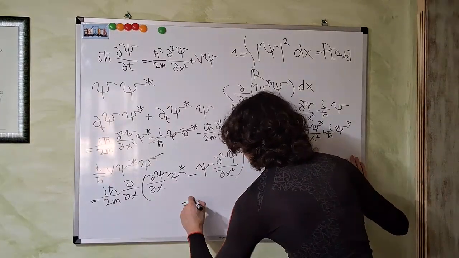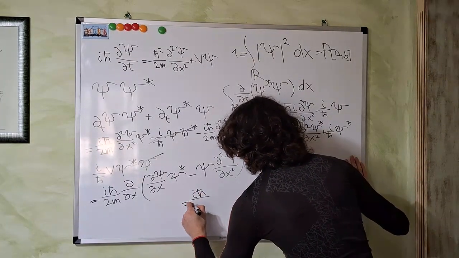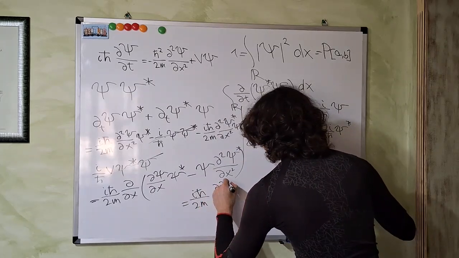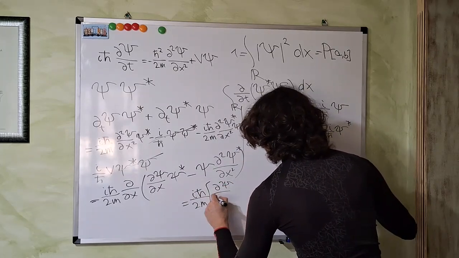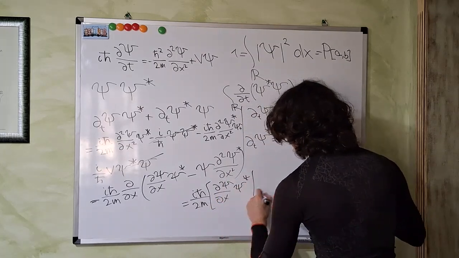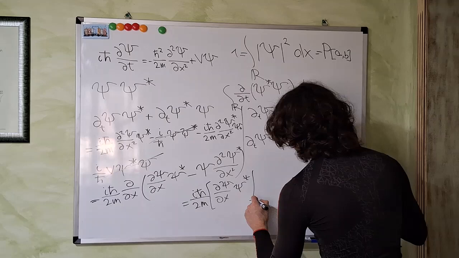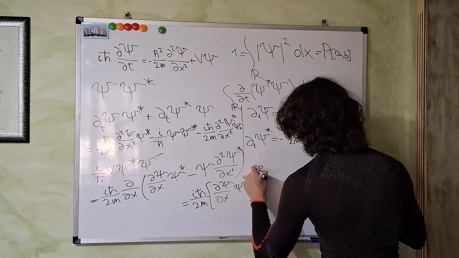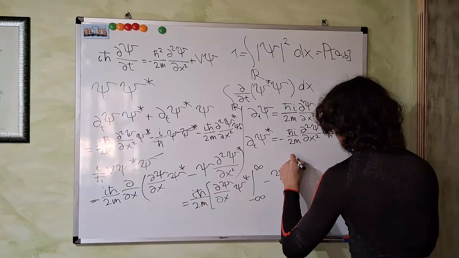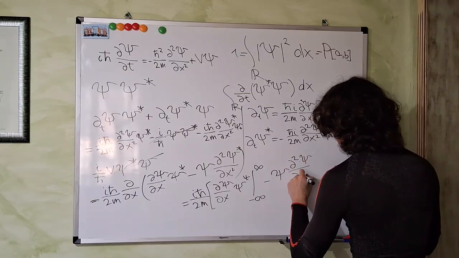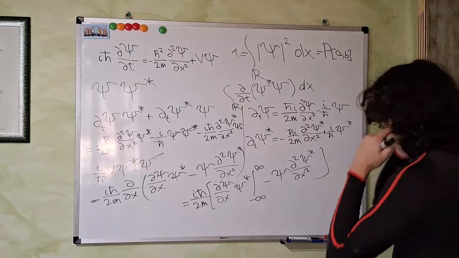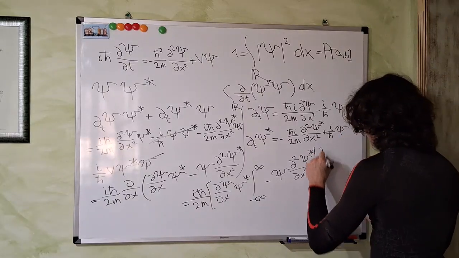So this equals i h bar over 2m, and we have the first term from minus infinity to infinity, minus the second term, also from minus infinity to infinity.